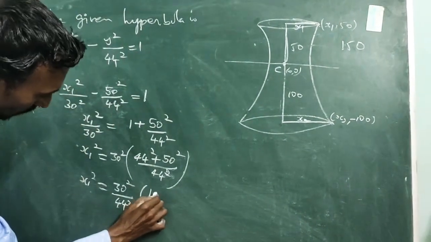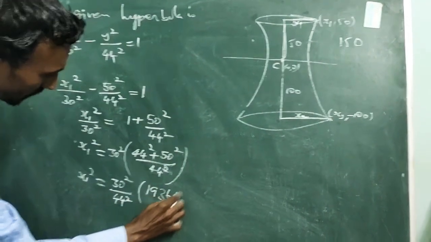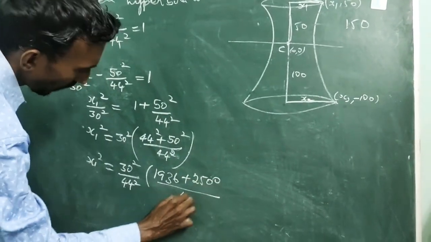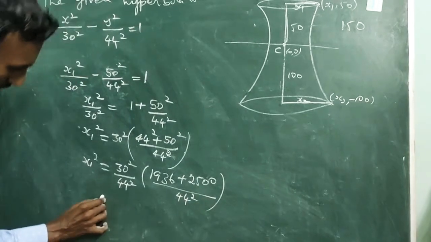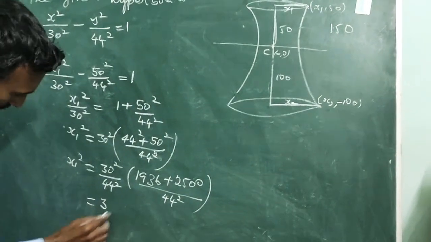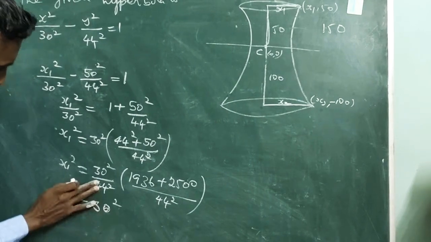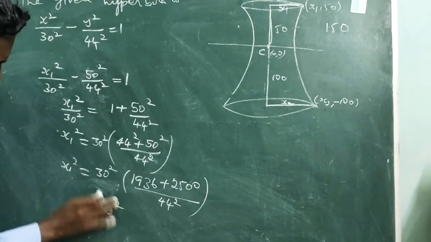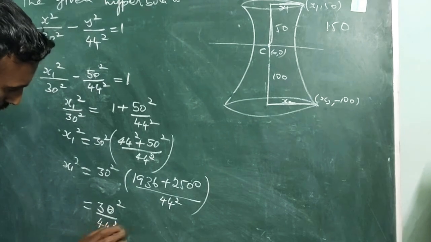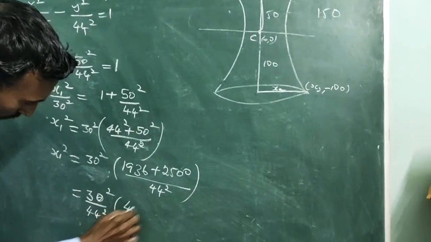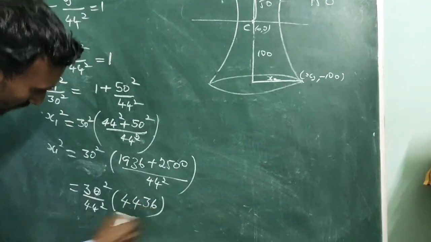I think 1936 plus 2500. Keep 44 square as itself. Okay, so 30 square by 44 square, sum of the two, we are getting 4436.